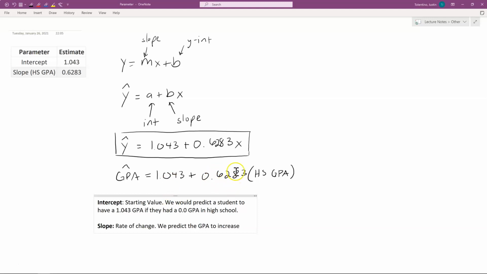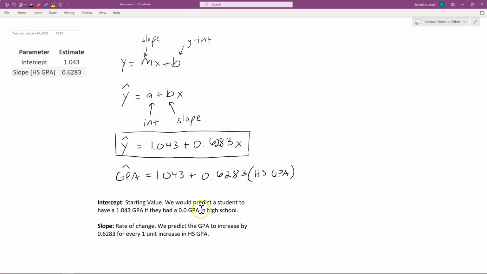Because our slope is positive, so when we change our high school GPA, it's going to go up. Well, by how much? By the slope amount, so by 0.6283 for every 1 unit increase in high school GPA. So we can see that we're increasing the prediction for the college GPA every single time we increase this by 1 unit.